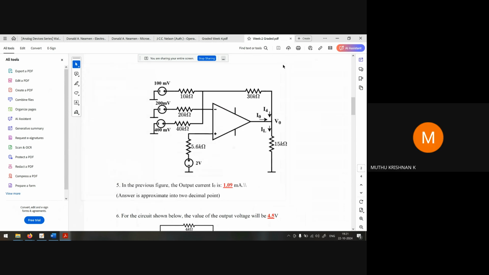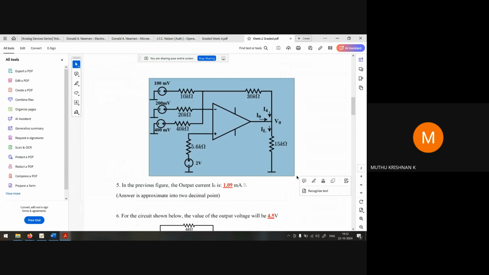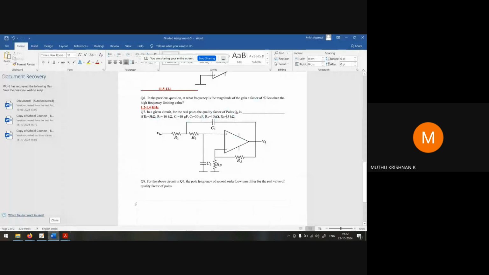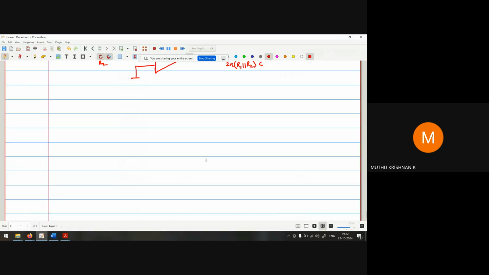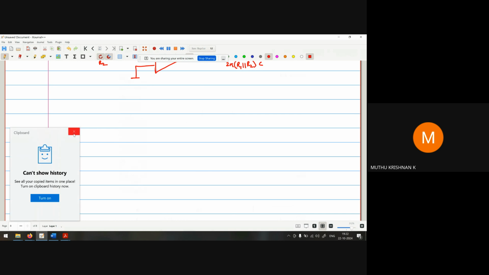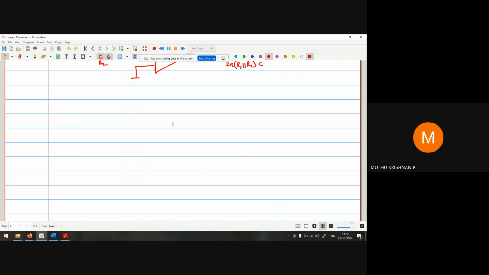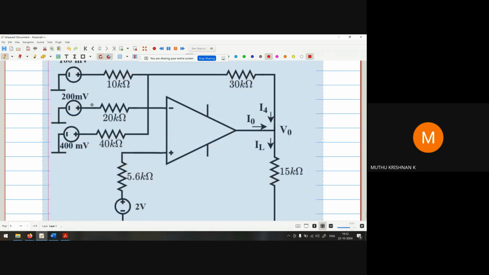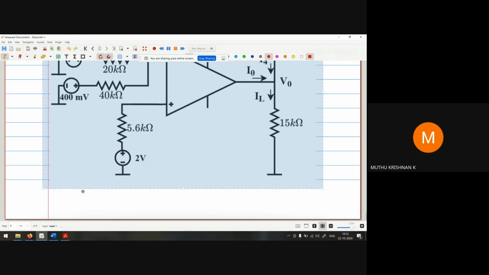This is a summing amplifier, but we have a resistor on the output. This is the circuit.